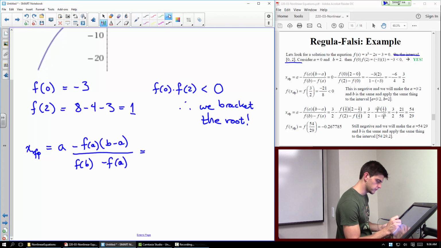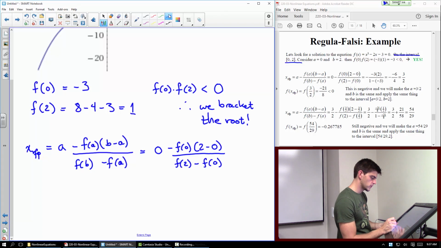And that equals 0 minus f of 0 times 2 minus 0 over f of 2 minus f of 0, which equals, this is negative 3, this is 1, this is also negative 3.